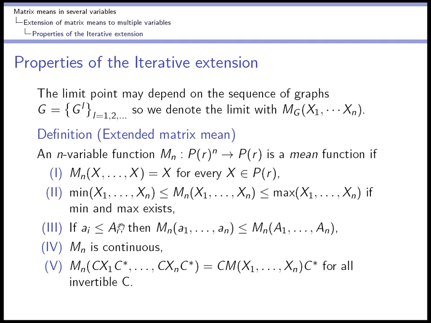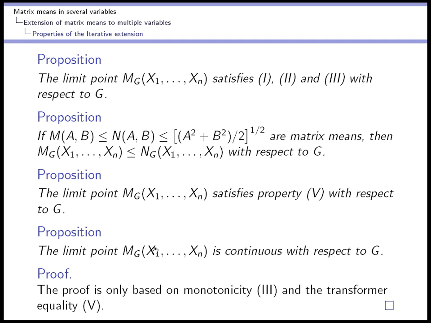The third property is monotonicity in each of its variables. The fourth property is continuity, and the fifth, again, the transformer equality. Actually, I would like to note that the fourth property is an immediate consequence of properties 3 and 5. So if we have an n-variable function which fulfills monotonicity and transformer equality, it is automatically continuous. So these are the properties.